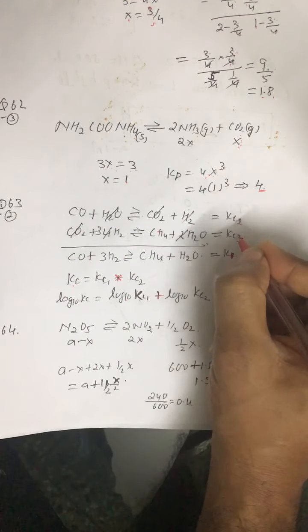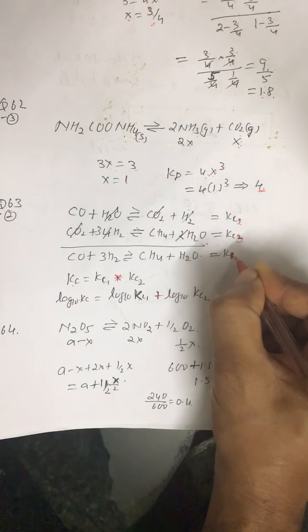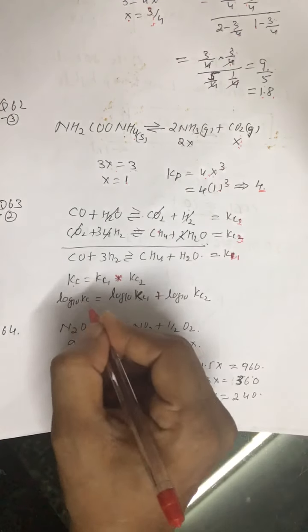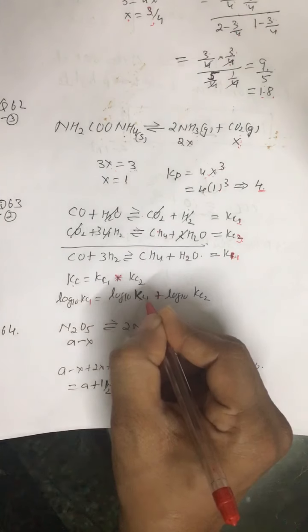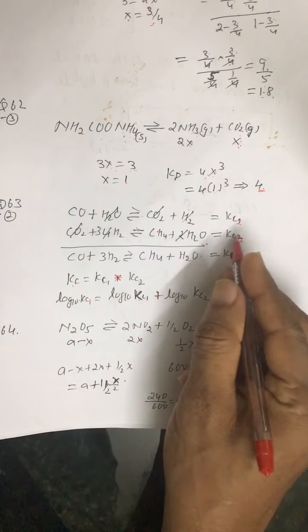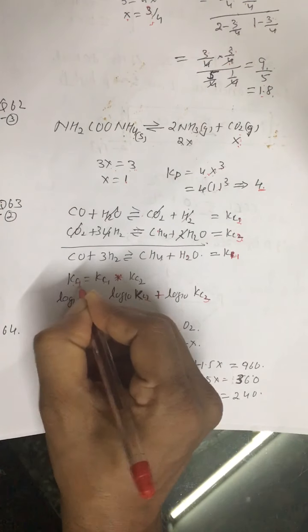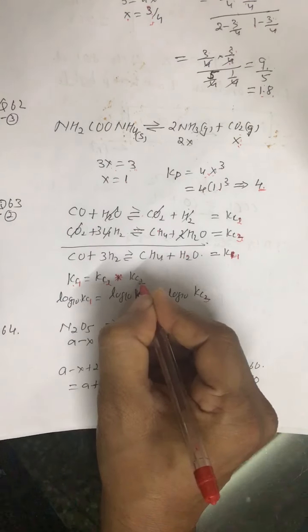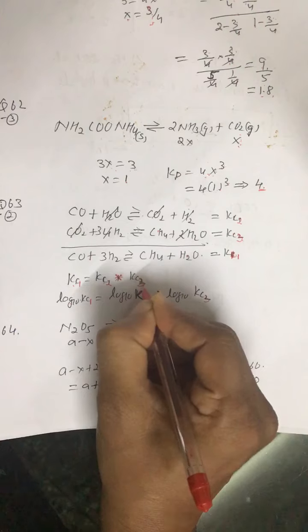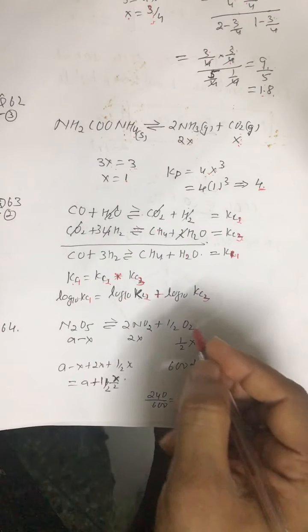So in that case, let us say Kc1. So log of Kc1 equal to log of Kc2 plus log of Kc3, and this Kc1 is equal to Kc2 into Kc3, like that you can write. All right. Anyway, question number 64.